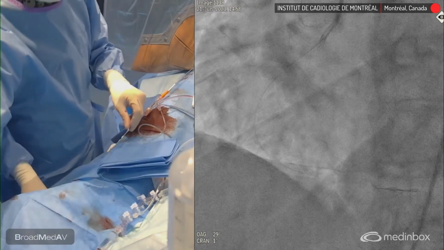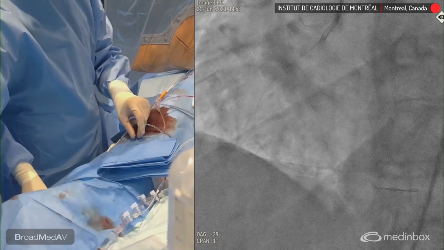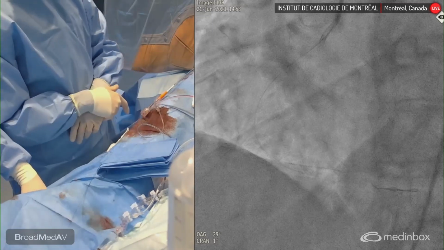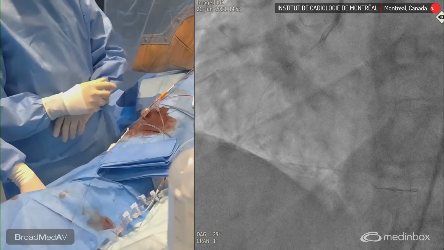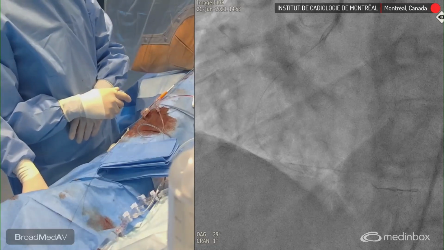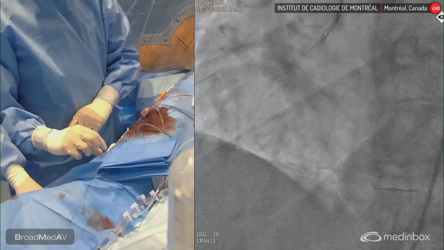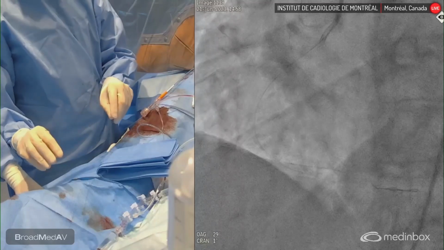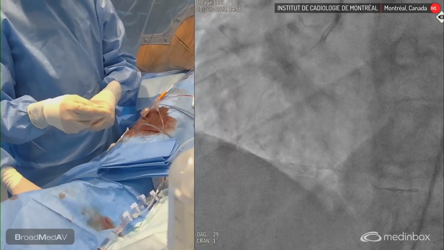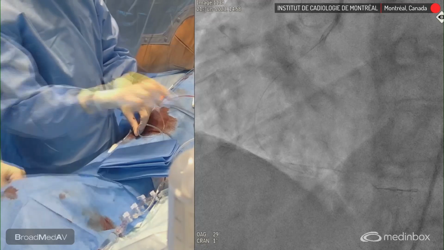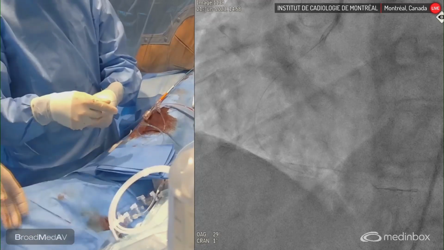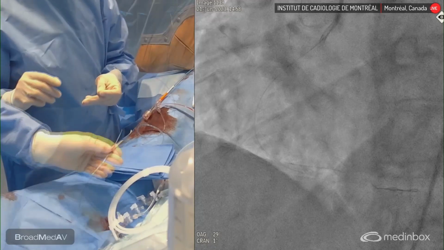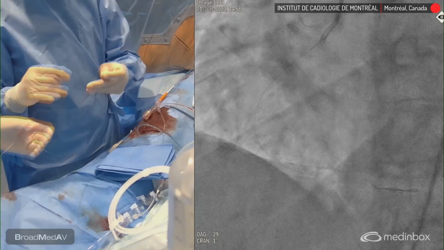Because with the wire technology that we have right now, as you progress through your experience, you will eventually understand what every single wire can give you as far as performance. It's very important you use them in different scenarios, different clinical situations, even during your standard regular complex PCIs, so that you fully understand what each wire can give you and when you should use each one.